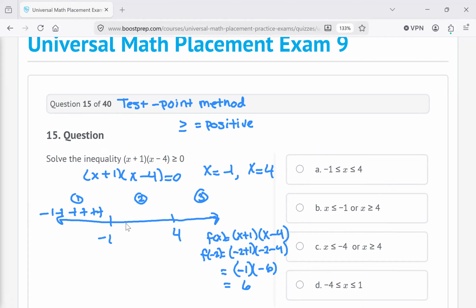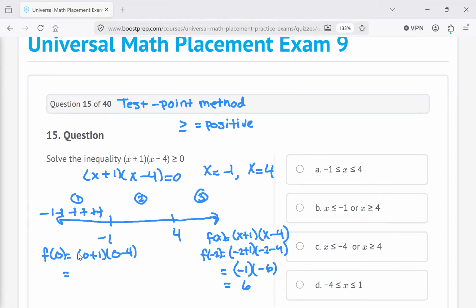Region 2, I need a number between -1 and 4. What's a number between -1 and 4? I believe 0. We could use whatever you like. You could use 1, 2, 3. If I plug in 0, this is going to be 0 plus 1, 0 minus 4.